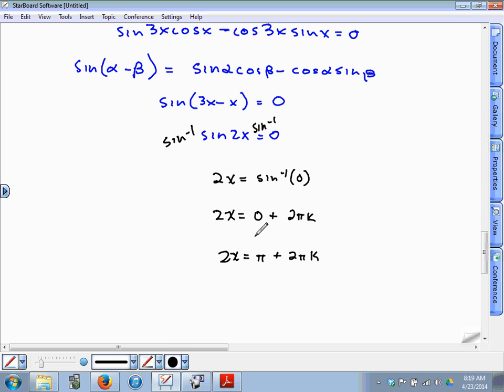Zero and 2 pi are the exact same thing, so we don't need to include that. We'd actually take care of that with this one here.